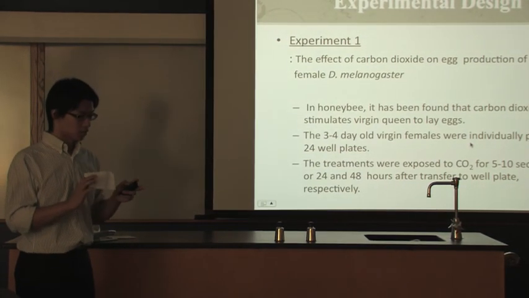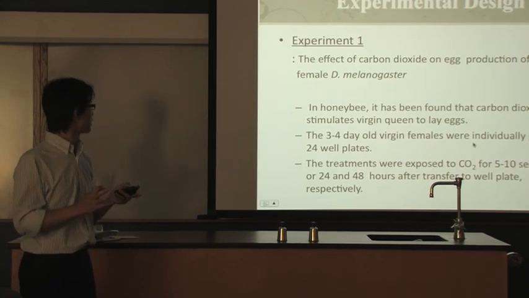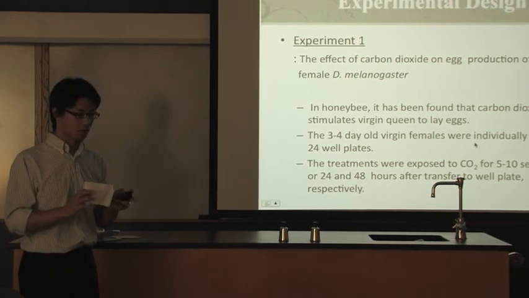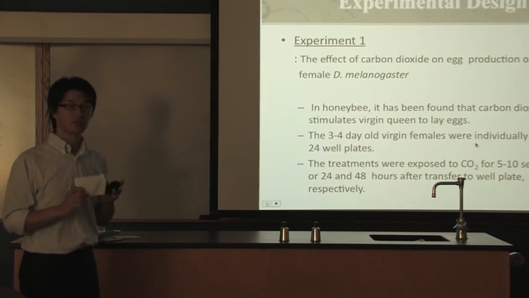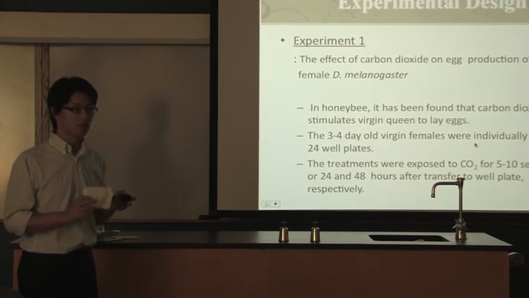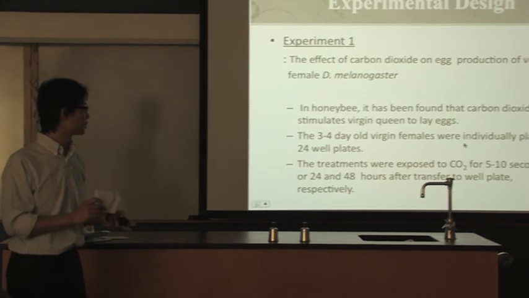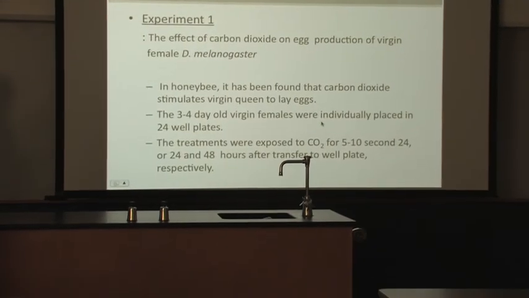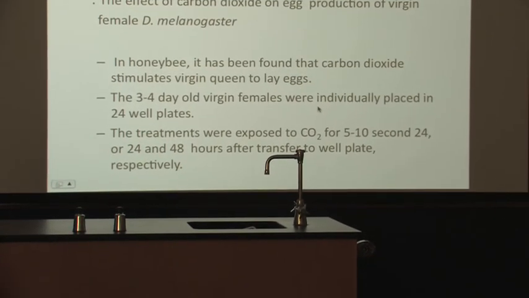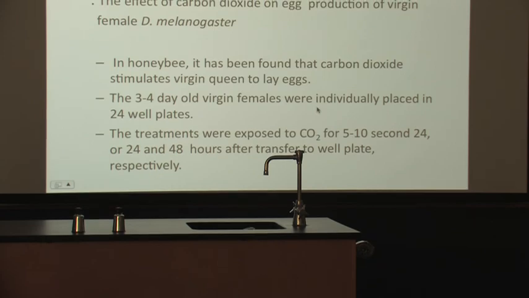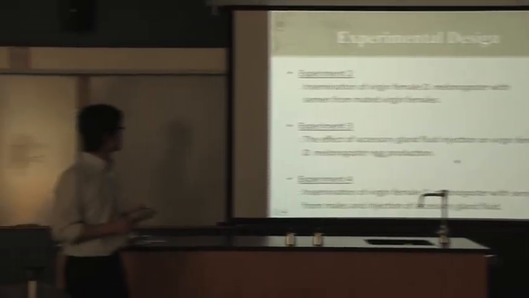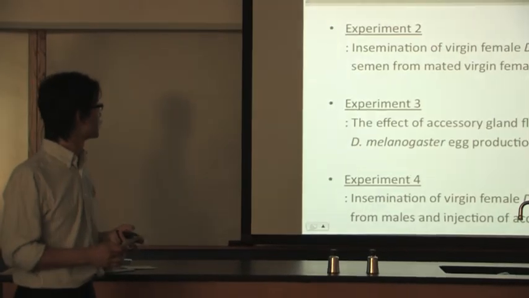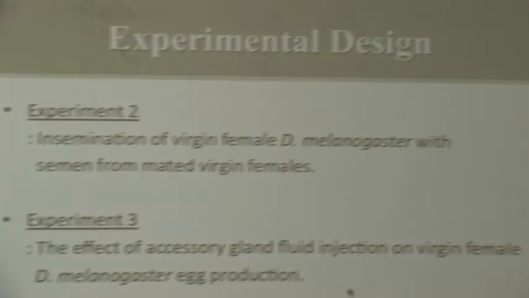After the plate is set up, we will treat with CO2. We have 3 different treatments. One is untreated with CO2. The second is treated with CO2 one time, 24 hours after we transfer to the well. And the third treatment is CO2 two times, 24 and 48 hours after the transfer to the well plate.